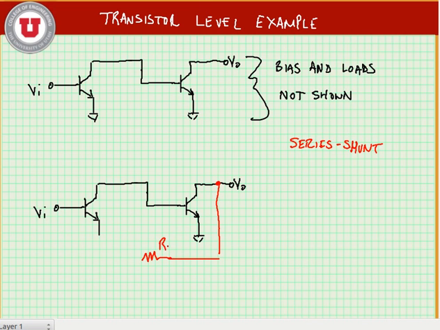So I'm going to put a feedback resistor R sub F that feeds the signal back to the transistor at the input, and I'm going to do that through our voltage divider circuit. So here at the output we can see that our feedback is in shunt because I can go either through the feedback network to get to ground or the output through the transistor to get to ground.